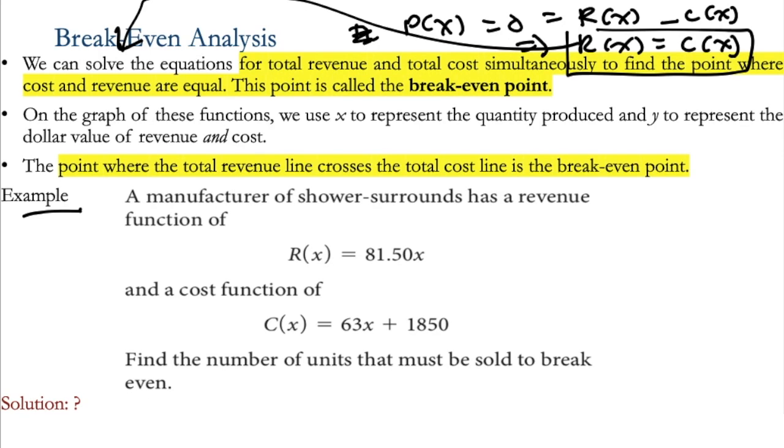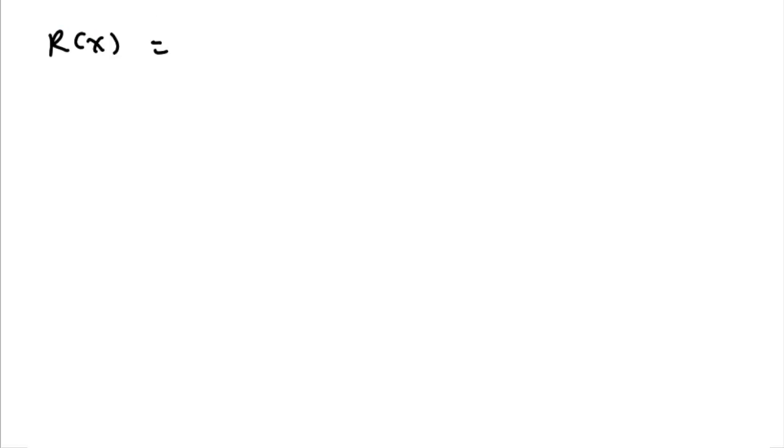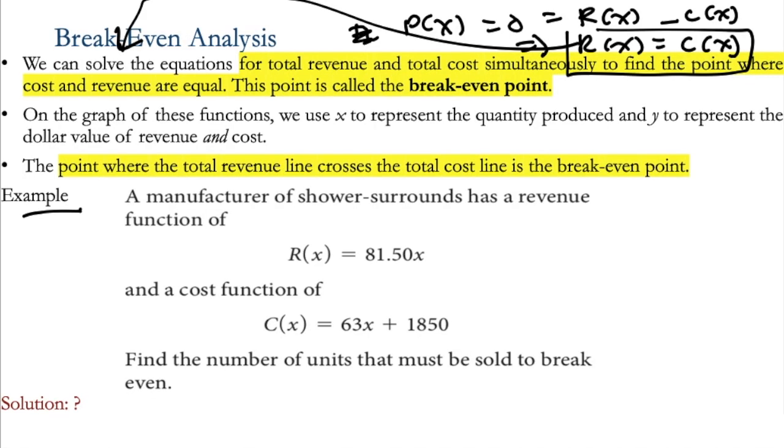Okay, so we have R(x) equivalent to 81.5x, and then we have the cost function, which is 63x plus 1850.